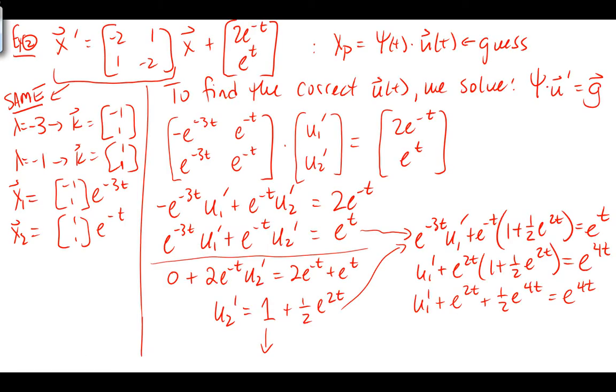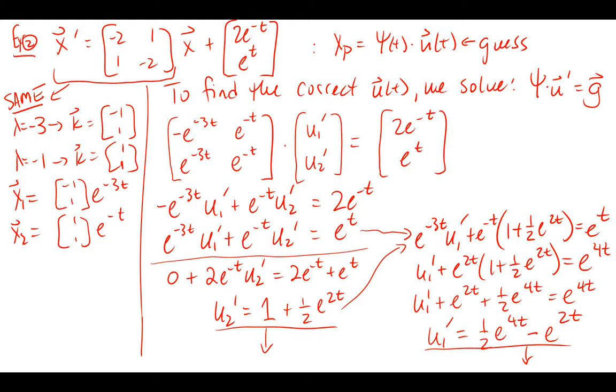Oh, sorry, if I move these guys to the right side, u1 prime equals 1/2 e to the 4t, minus e to the 2t. Alright, so I'm not done, of course, but I get two equations, one for u1 prime and one for u2 prime, and they both just have t's in them, which means they're both in perfect shape to be integrated in order to find u1 and u2.